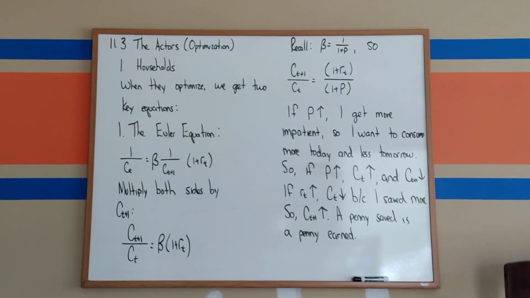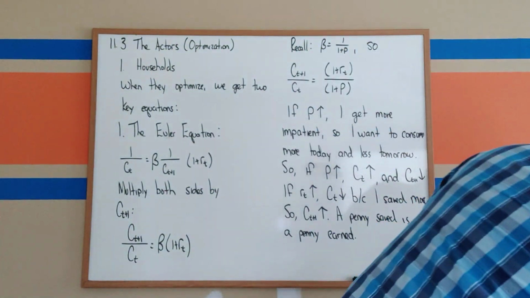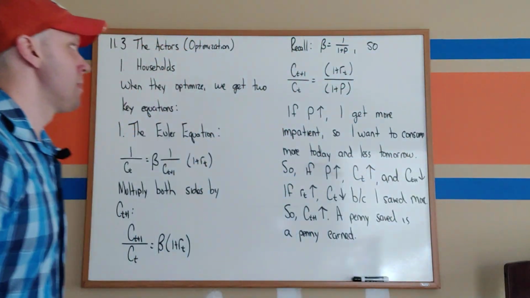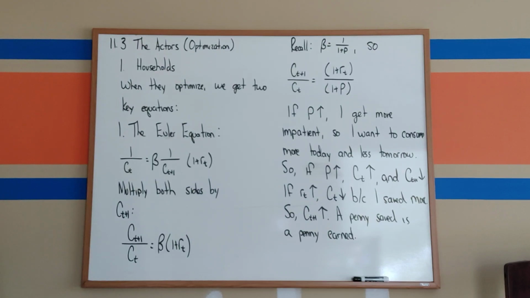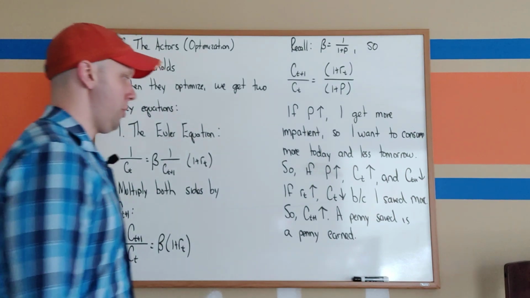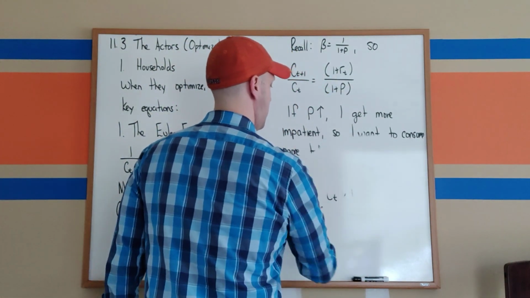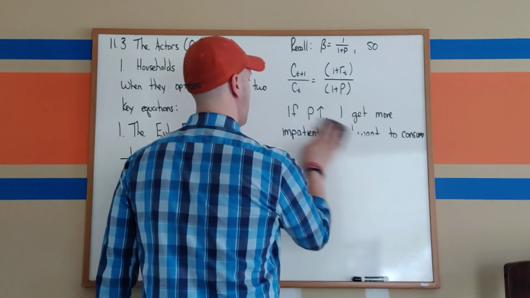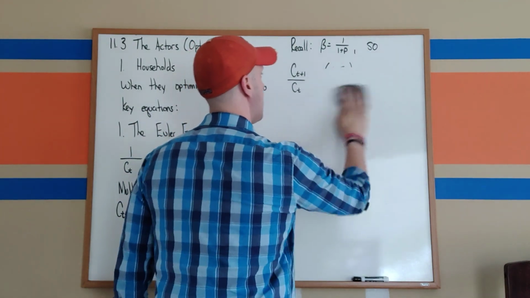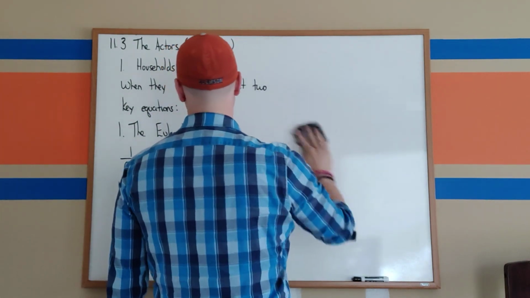Now this Euler equation can be thought of in a slightly different format. Because there is uncertainty in this model, right? We don't know what the future is going to bring. So if we think about this uncertainty as being reflected in the interest rate, why would we do that?